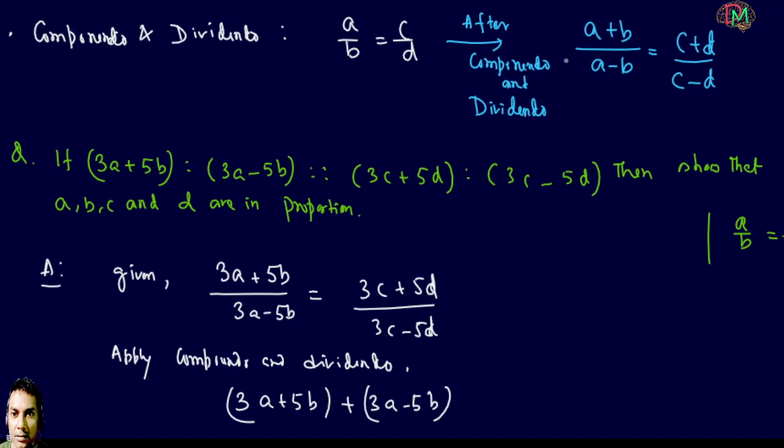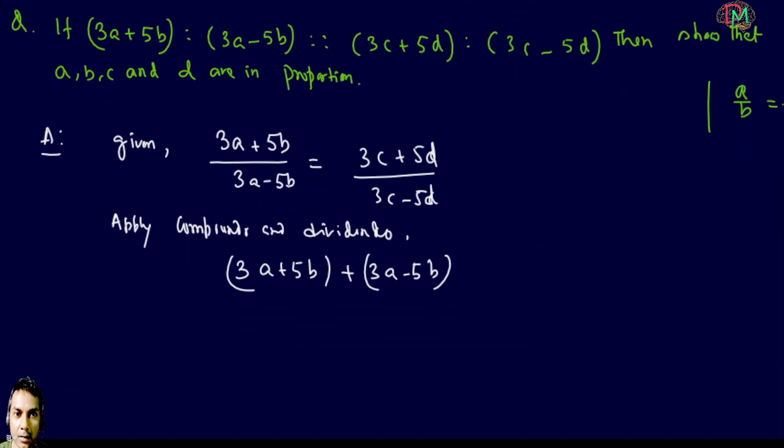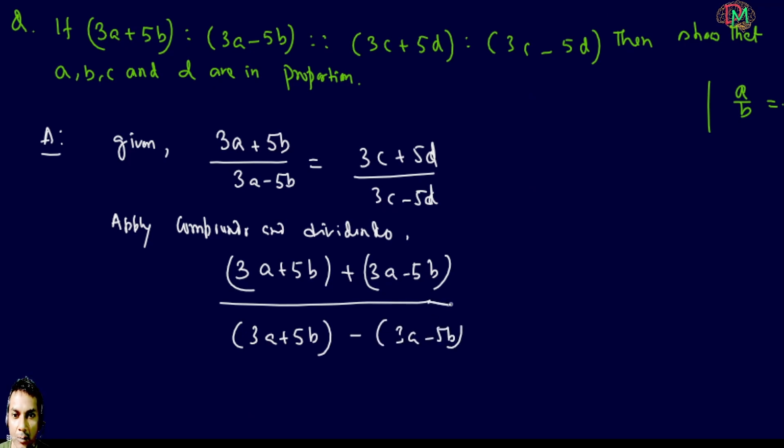Look at this: a plus b and a minus b, c plus d, c minus d. Correct? The left side is this, and in the denominator we write 3a plus 5b minus 3a minus 5b. Look at this.